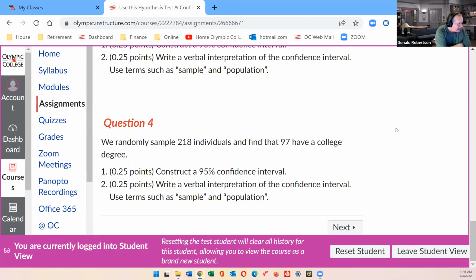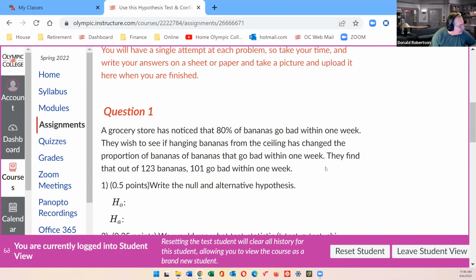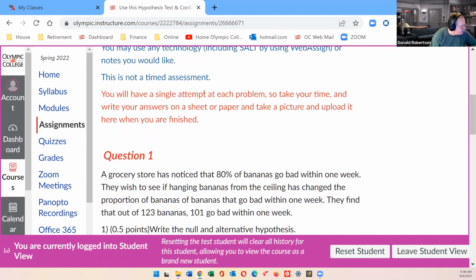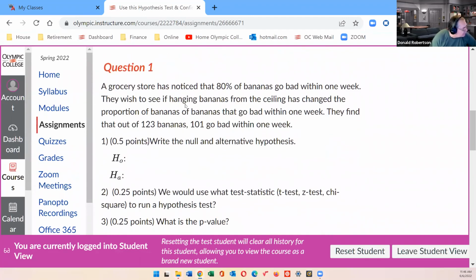I think I'm just going to add it to the total. That's easier, but it's equivalent. And if you get them all correct, you'll get 20% added on to one of your tests. So you could actually get more than 100%. There are 4 questions. Here we go. It says you have a single attempt, in the sense that I only get one answer from you.